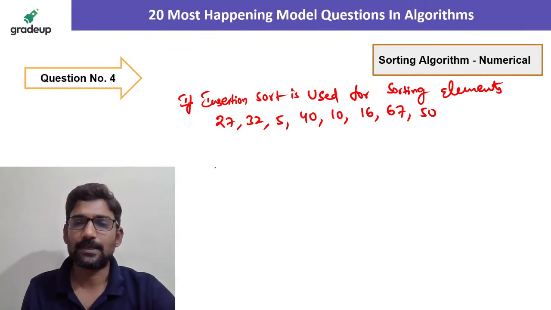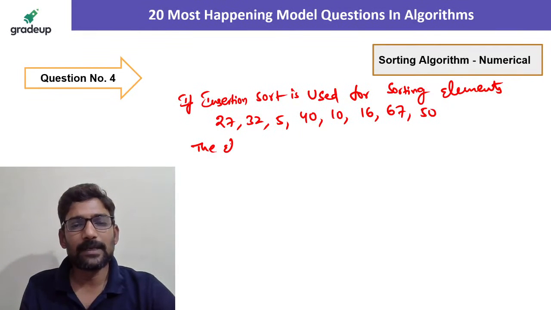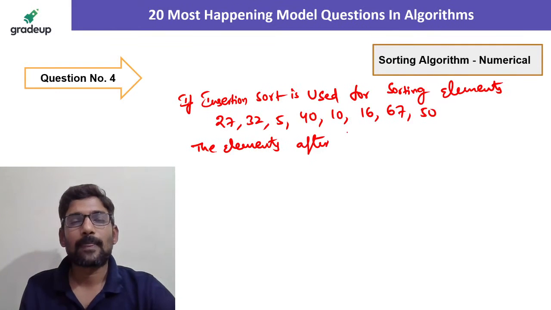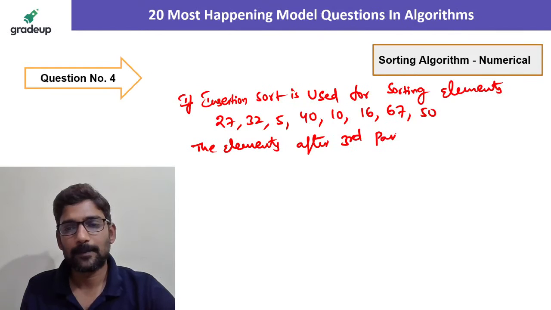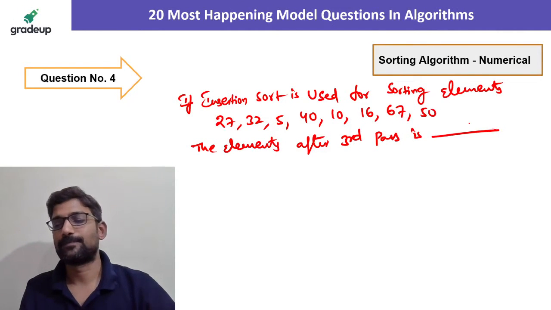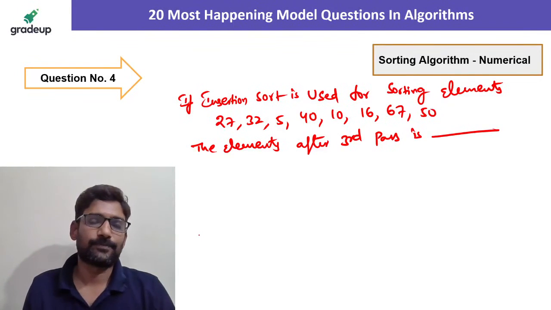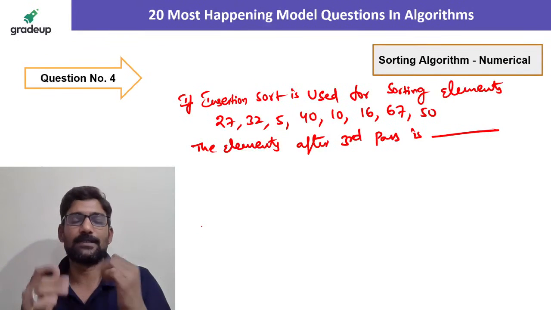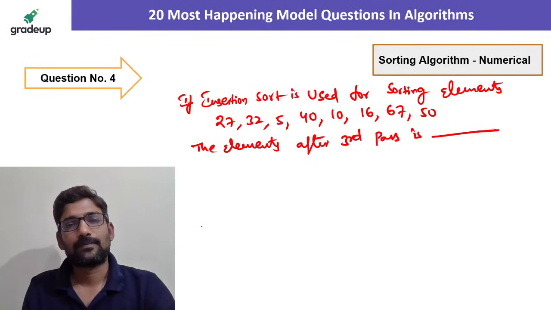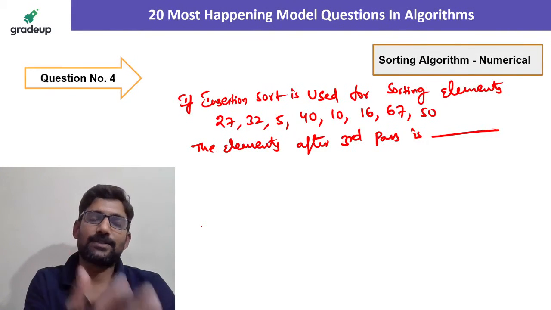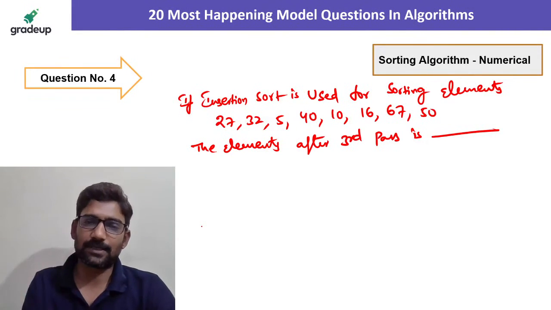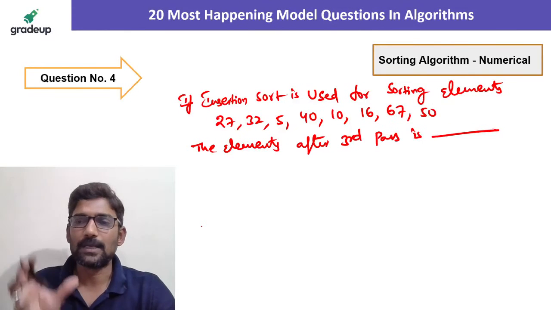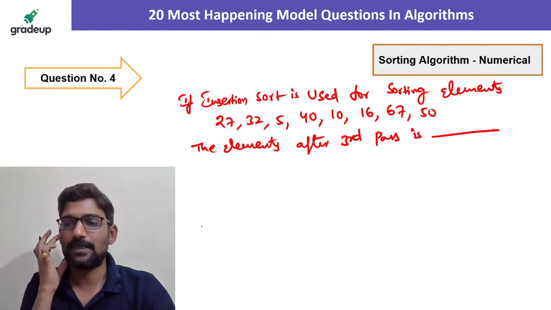Suppose these elements, the elements after third pass is dash, with some 4 options. After third pass, what is the sequence of elements? Or maybe with merge sort, bubble sort, selection sort, quick sort. Like this, a numerical question possibility is there from algorithms.